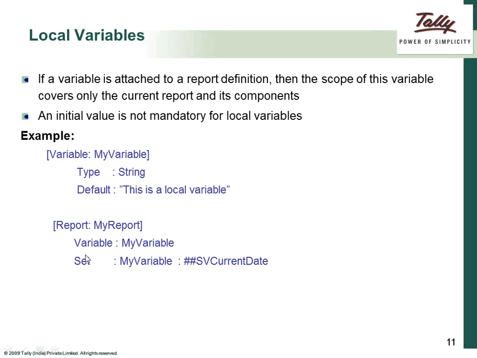Please note, set attribute at report level always takes its first parameter to be a variable name, and the second parameter as variable value. This variable value can be a field reference or another variable or another global formula or a local formula.